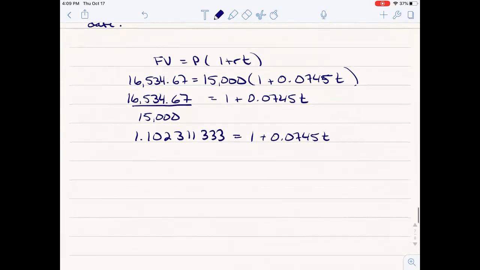I can subtract 1 from both sides. I'll show all my work. You could probably skip this step because 1.1 minus 1 is just 0.1. So 1.102311333 minus 1 is 0.0745 t.